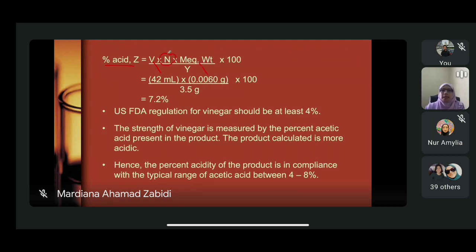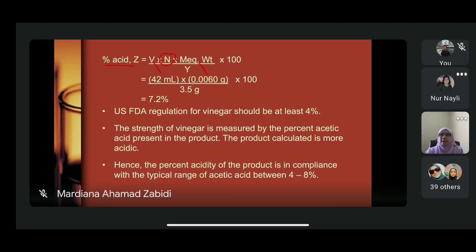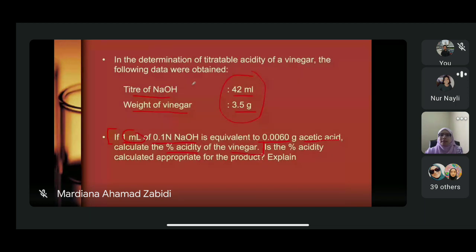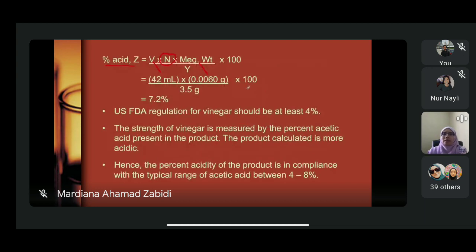Kenapa tak ada calculation untuk normality? Sebab dia dah bagi. You notice this one? Normality, sebab dia dah bagi. Sebab usually normality memang 0.1 kot. Macam mana? Dia dah bagi dia punya normality. Okey, ni dia dah bagi. Tapi kenapa kita tak times by normality?